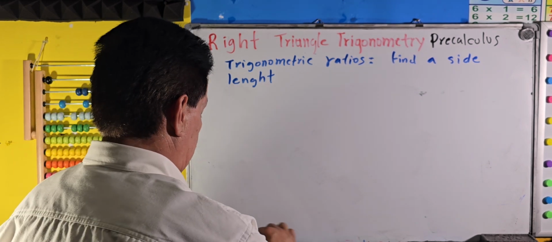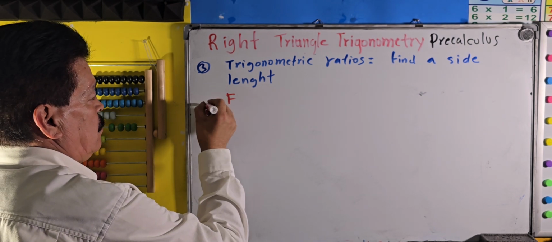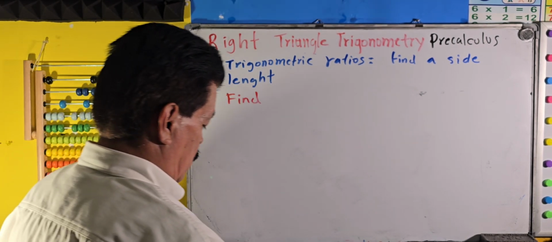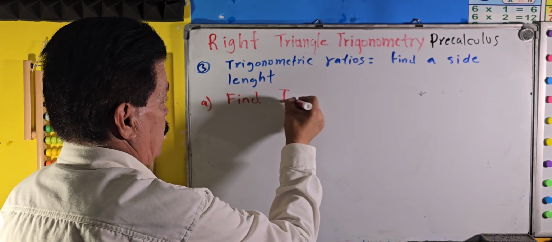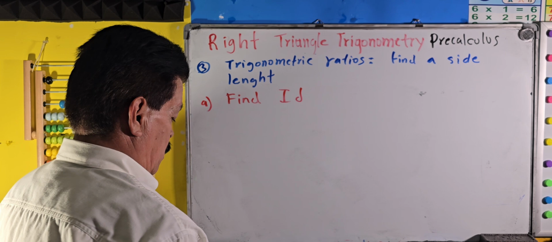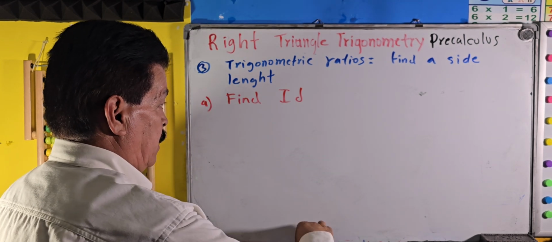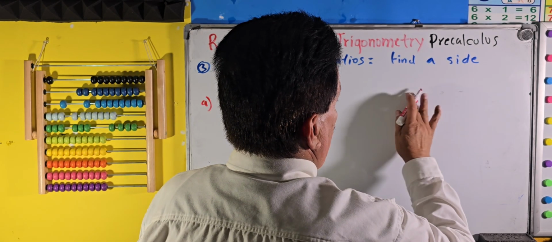So fine. Let's write here one problem. We have to find IJ in this triangle.